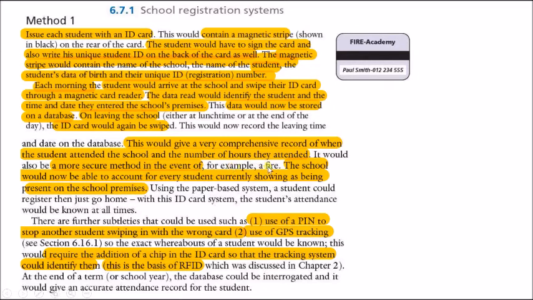Because if we have a fire, the school should count how many students they have in the school, so they can go back to the database file for today to count instantly how many students are present, compare the numbers and find out the students. The school would be able to count every student currently showing as being present on the school premises. Now this is how it could be safe.